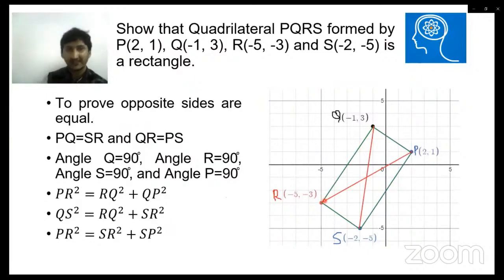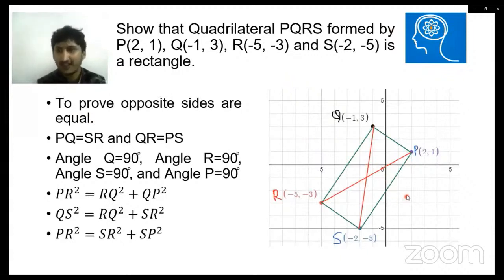Now to prove that these 4 points form a rectangle, we will use the properties of a rectangle. So we will here use two properties of rectangle. That is, in a rectangle, the opposite sides are equal and all the angles are 90 degree. So using these two properties, we will prove that the quadrilateral PQRS is a rectangle.